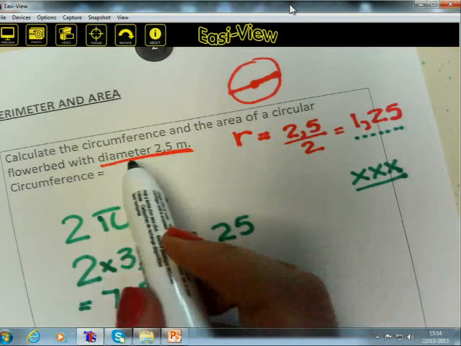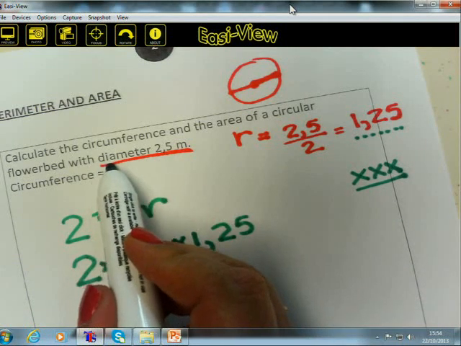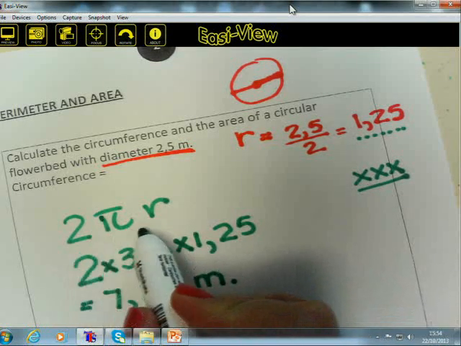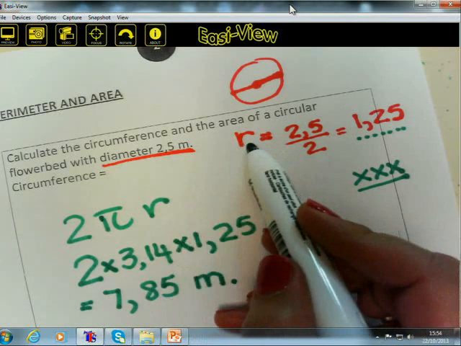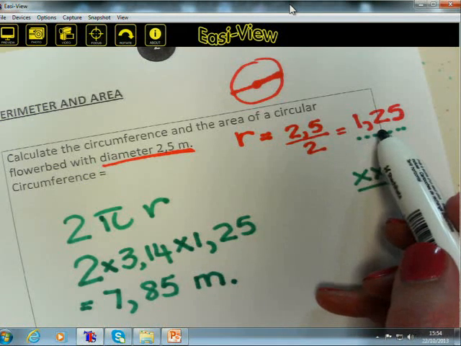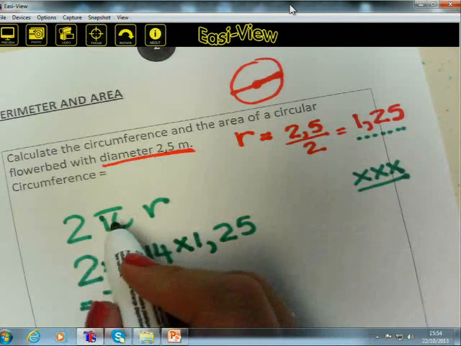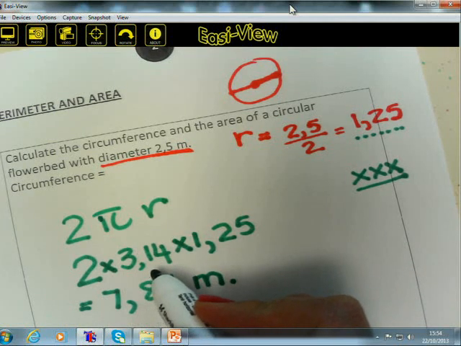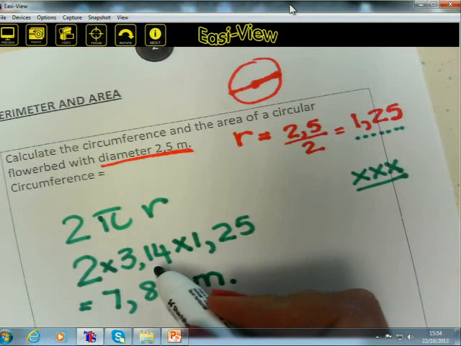Now we learned a lot of things now. We learned that we have to change diameter to radius if we want to use this formula. So you must first calculate the radius. We know that pi is 3,14. That is given on the first page of your exam paper. It is given to you.